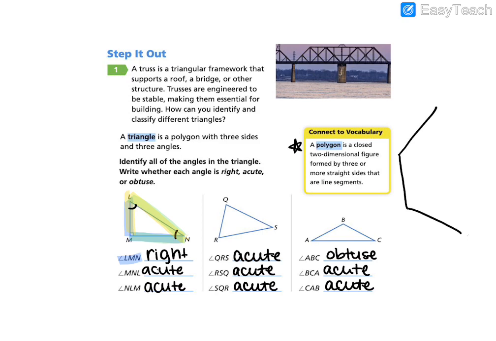You can't, can you? Because you need to have 3 sides. Can you have a triangle with more than 1 right angle? Again, you can't, right? So a triangle will have at least 2 acute angles. It will either have 3 acute angles, 2 acute angles and a right angle, or 2 acute angles and an obtuse angle.